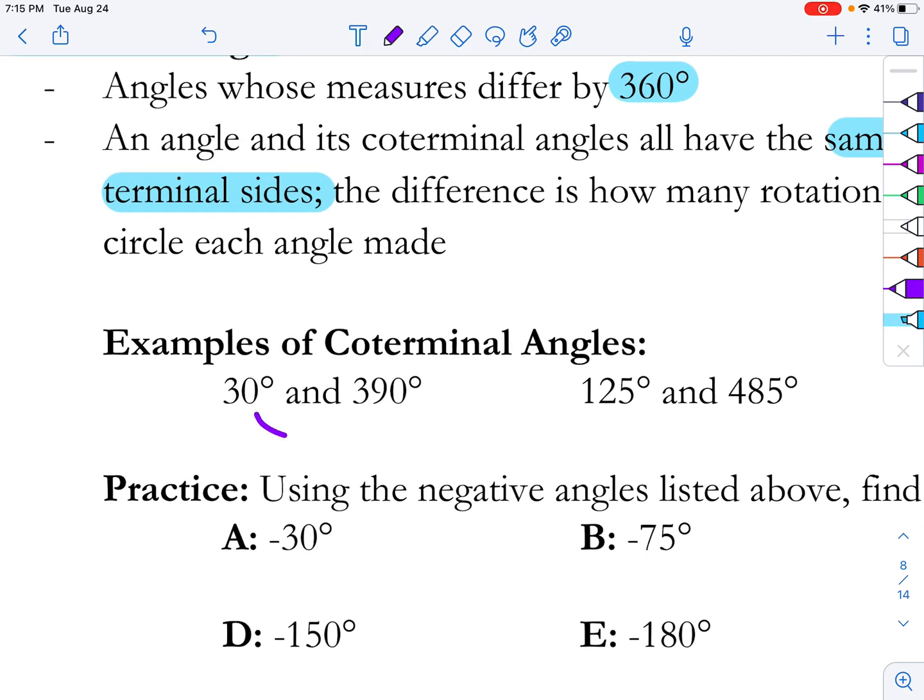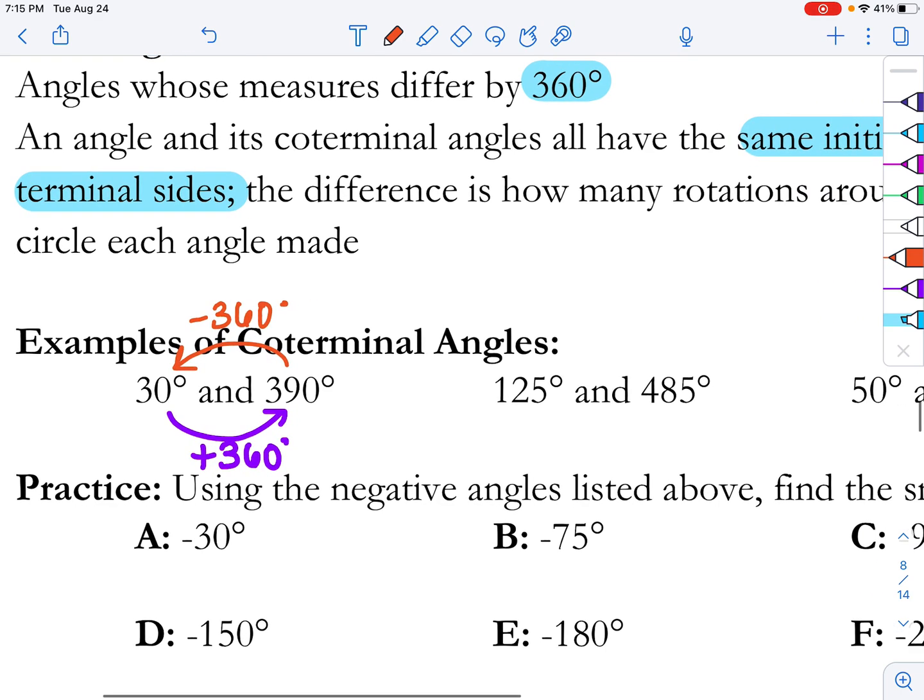Like 30 to 390, we added 360. If you were starting with 390 and wanted to go back to 30, you would subtract 360. Same thing with 125 to 485. 125 plus 360 would give us a coterminal angle of 485. If you were starting with 485 and wanted to find a smaller coterminal angle, you would just simply subtract 360.